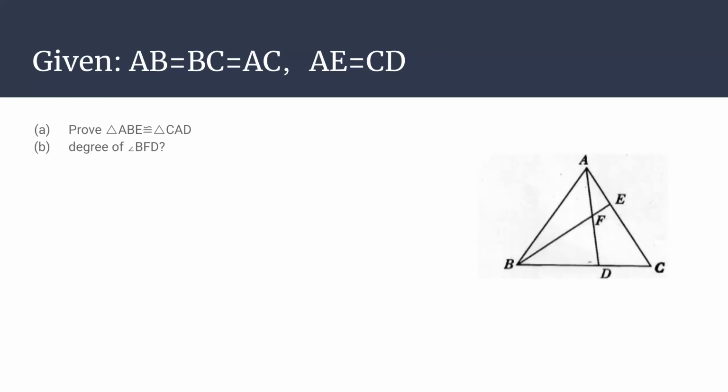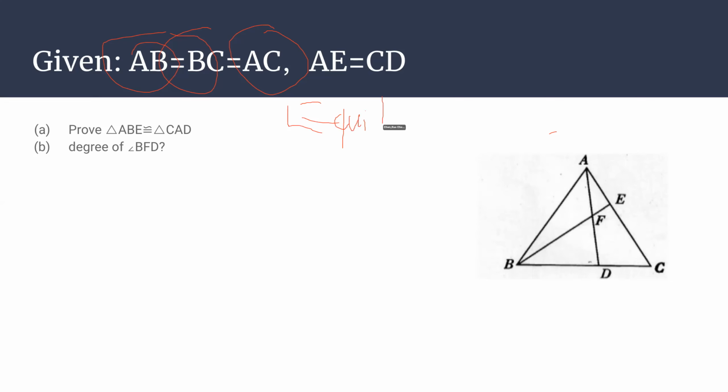Okay, I'll do this. First, we need to know what conditions are given. The first condition given is AB equals BC equals AC, which indicates that this triangle is equilateral.